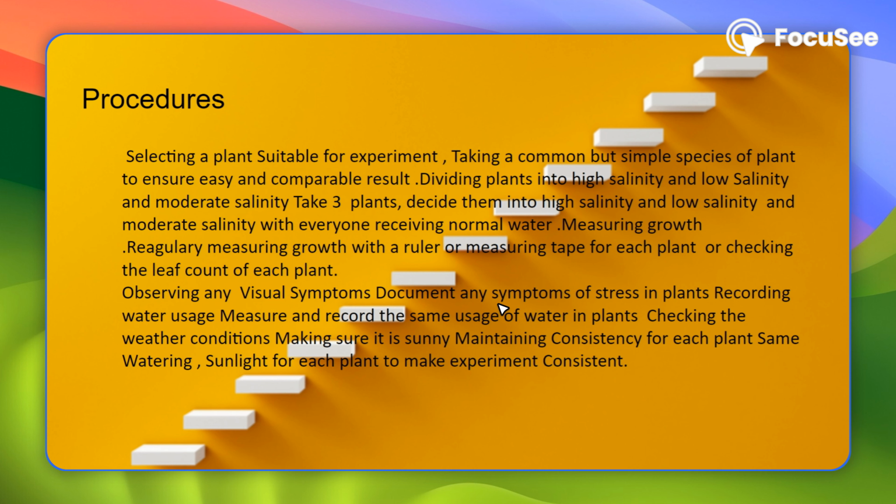Then I wanted to show how different tolerance levels are beneficial to differing locations. By studying plants' tolerance to salt, researchers can also develop salt-tolerant plant varieties that are better adapted to grow in saline conditions.